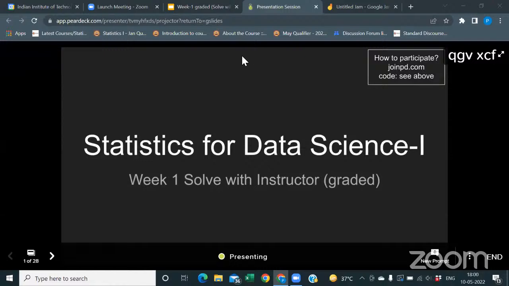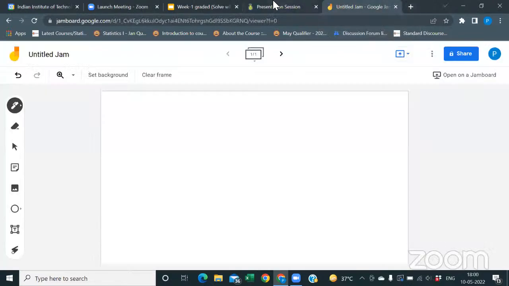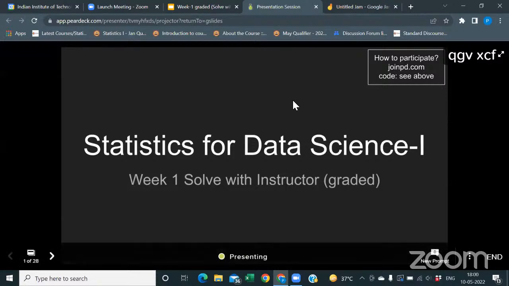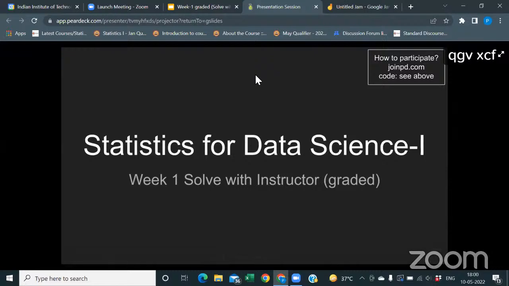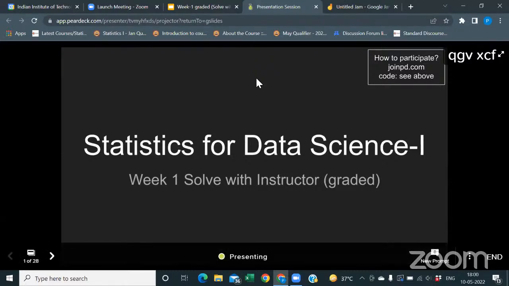Where can I find this file in the portal? I guess in the supplementary section, there will be peer deck slides. Week-wise slides will be available. After the end of week one, the peer deck slides will be there, and so on. Okay. Thank you, sir.